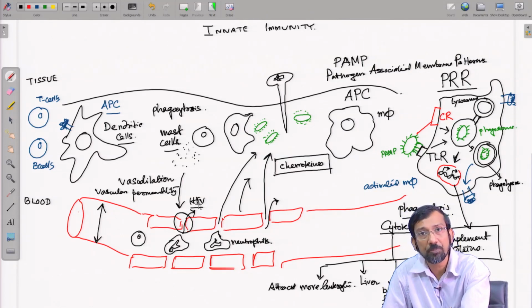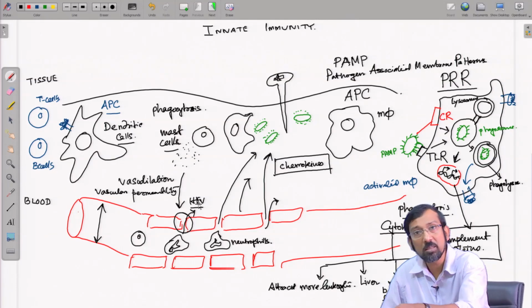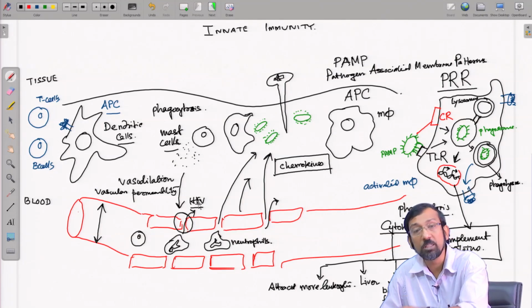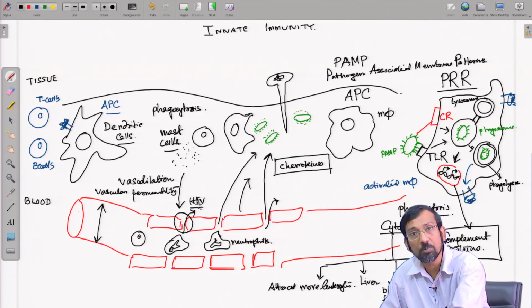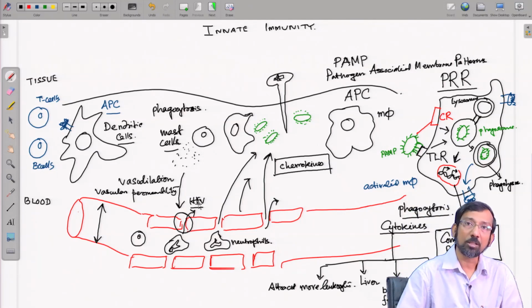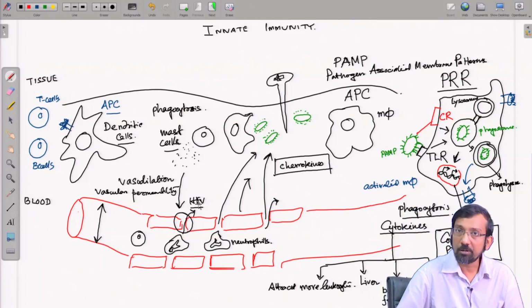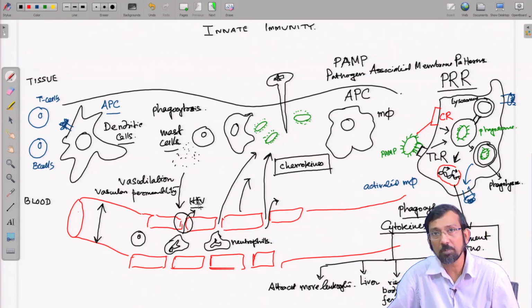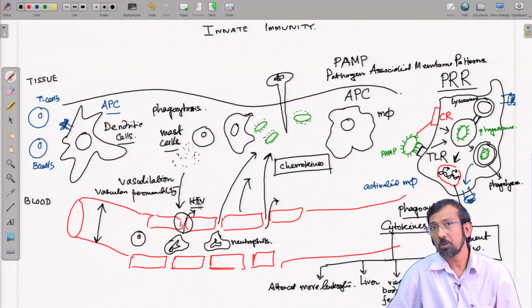So, by the presence of the toll like receptors, the macrophages can recognize the pathogens and then internalize or eat them up. Once they internalize the pathogen, it forms the phagosome, which then fuses with the lysosome and forms the phagolysosome. Inside the phagolysosome, the pathogen is degraded, and all its proteins, carbohydrates and other components are chopped up into small peptides.